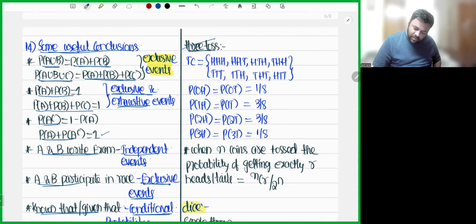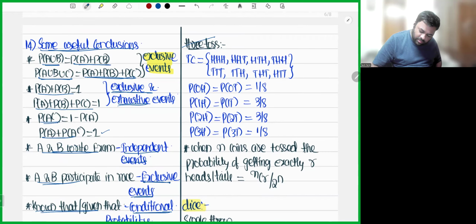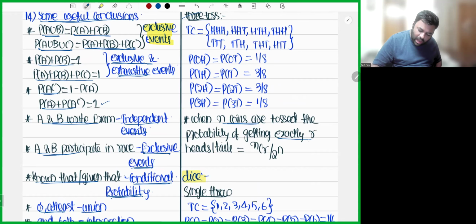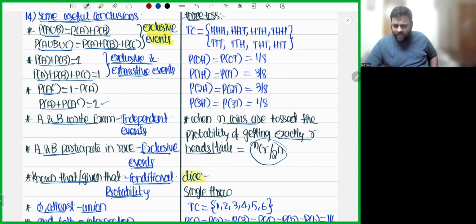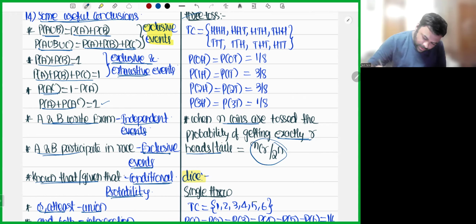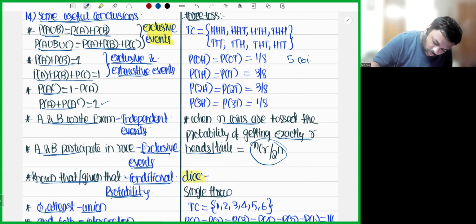Next, when n coins are tossed, the probability of getting exactly r heads or tails will be nCr divided by 2 power n. Sir, what is this? See here. I'm tossing 5 coins. What is the probability of getting 3 heads? So how will you do this?